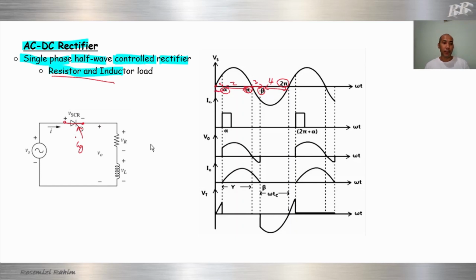So we start with the first section, which is from 0 to alpha, which is positive cycle.